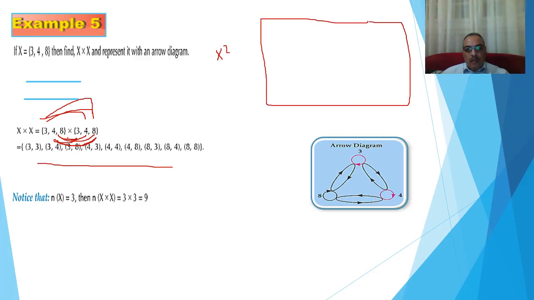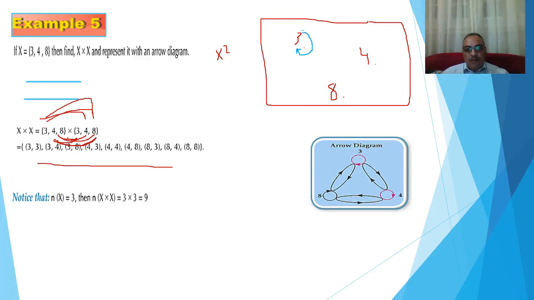Right here, elements of X: 3, 4 and 8. The first order is 3 3. Where is the arrow? From 3 to itself, a circle around itself.